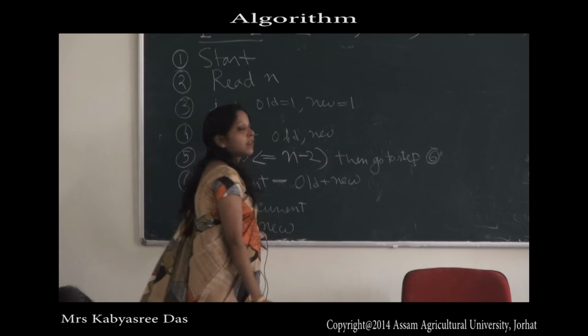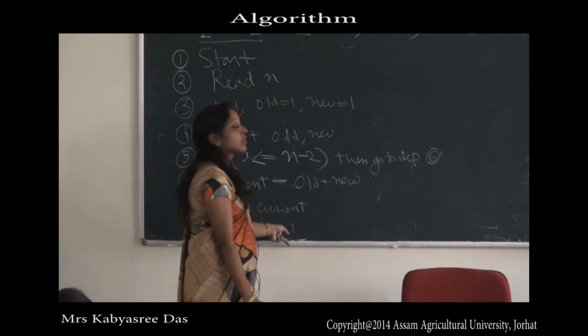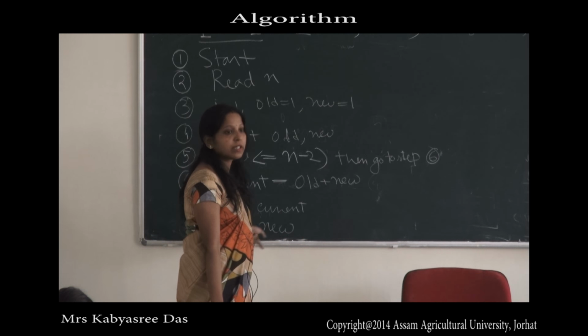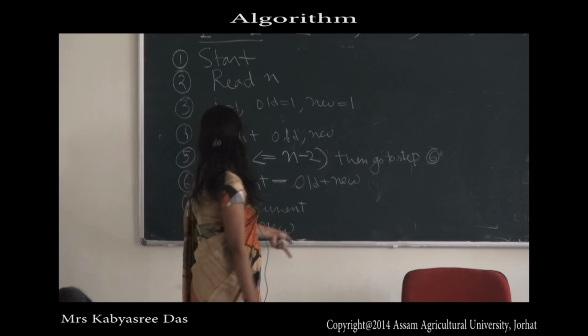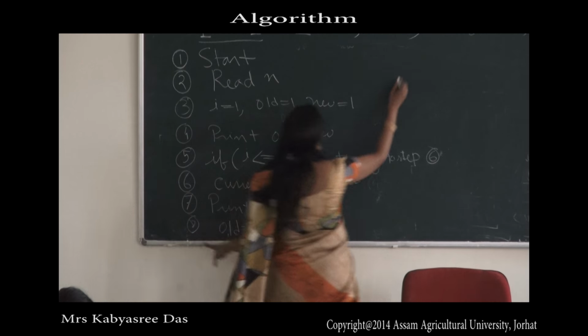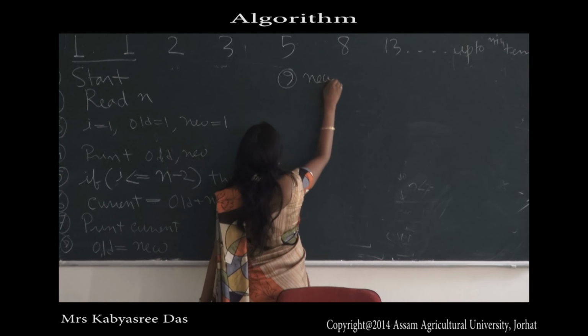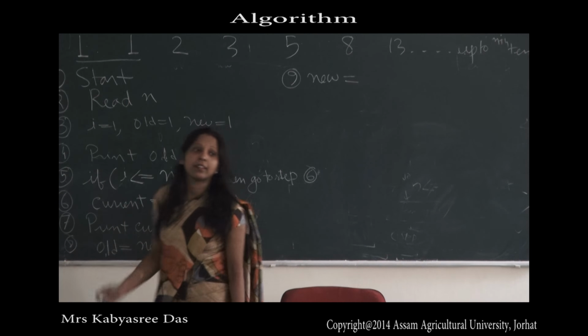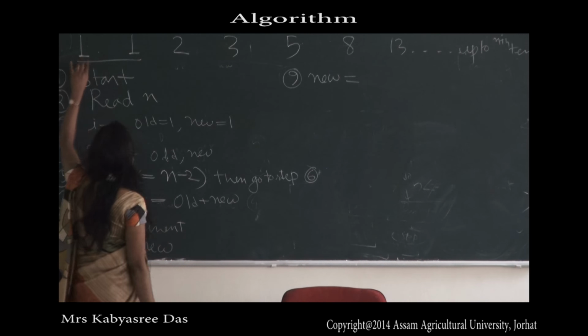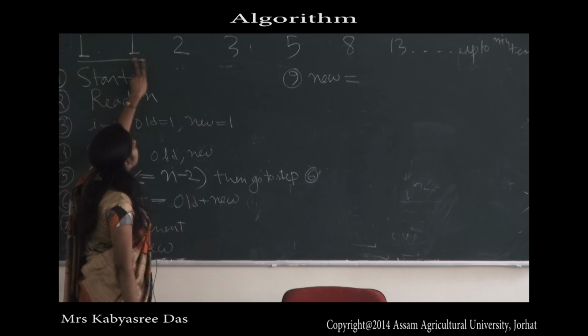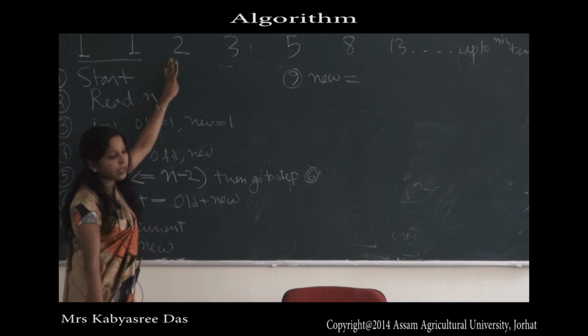This equal means the right side value is stored in the left variable. Old is equal to new. Number 9, new will take the value of current. In the second step, old will take the value of new and new will take the value of current.